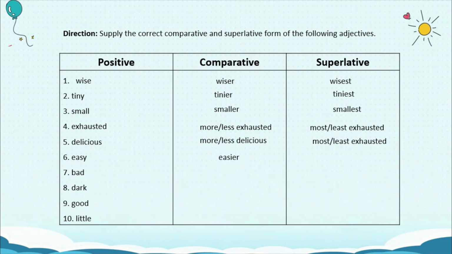Easy, easier, easiest. Bad, worse, worst. This is an example of an irregular adjective. Dark, darker, darkest. Good, better, best. And the last one is little, less, and least. Very good. You answered it well.